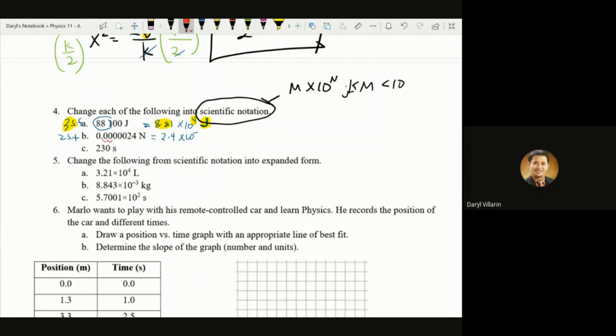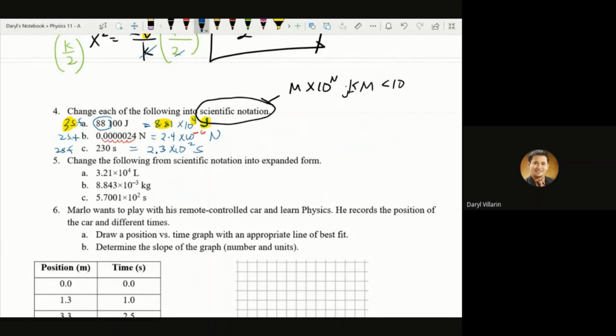Negative 1, 2, 3, 4, 5, 6. So that's negative 6. And then the unit should be Newton. And letter C has 2 significant figures also. So that would be 2.3, and then times 10 to the power of 2. And then it's seconds.